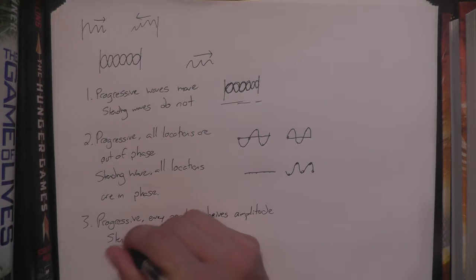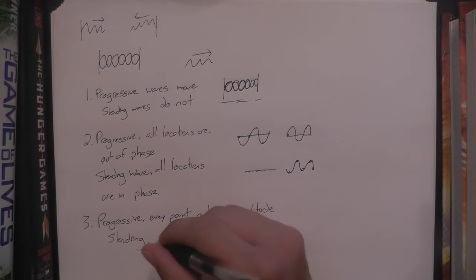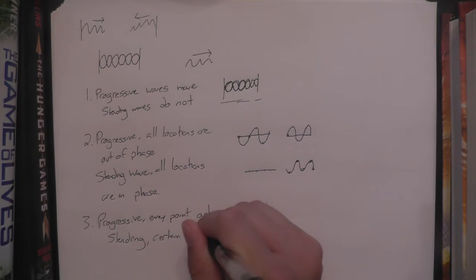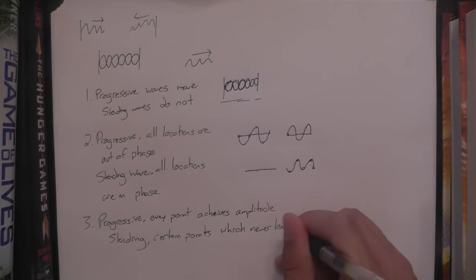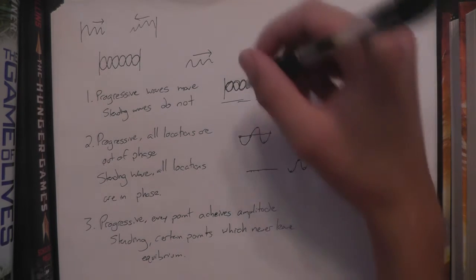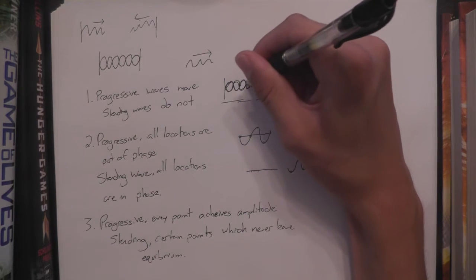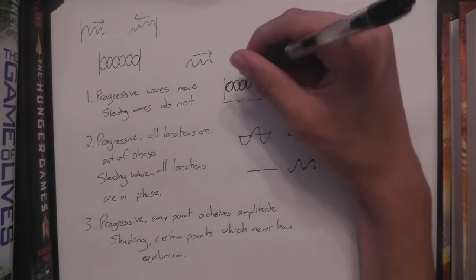However, in a standing wave, there are certain points which never leave equilibrium. And if you look at our standing wave, it's easy to see why. All these points here are stuck at equilibrium as it rotates. These are called nodes.